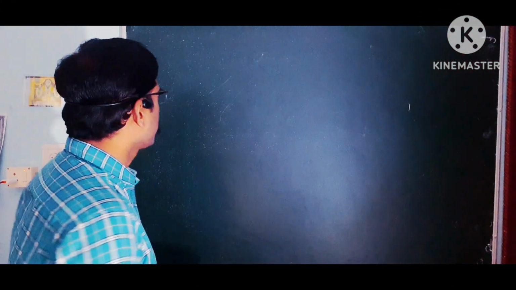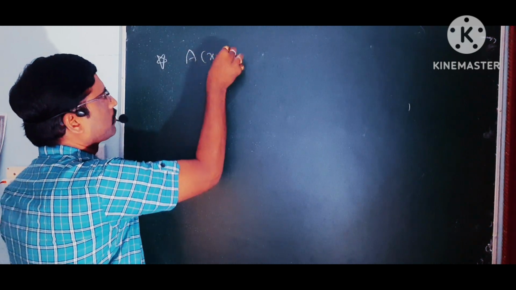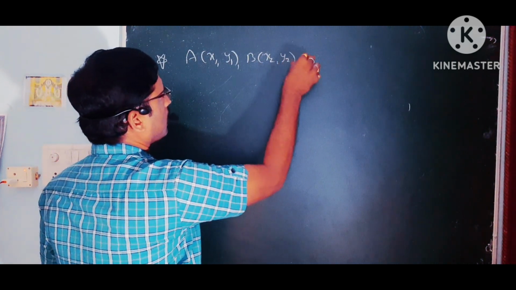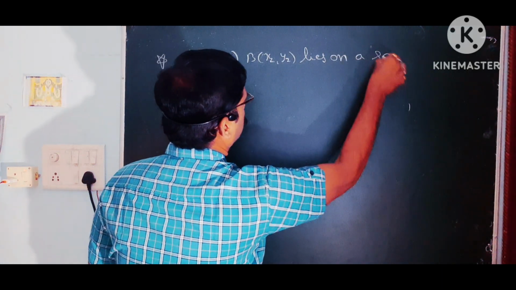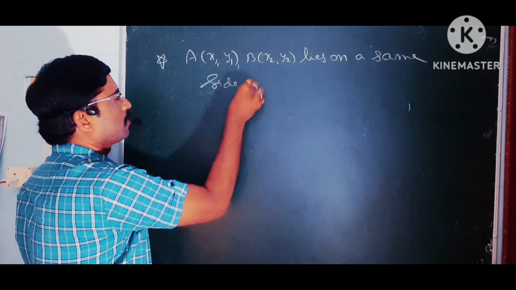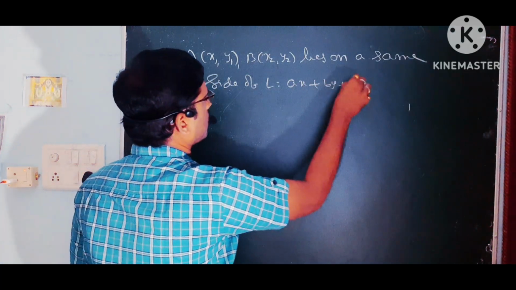Okay. Now I am going to explain when A(x1, y1) and B(x2, y2) lie on the same side of the line L is equal to ax plus by plus c is equal to 0.